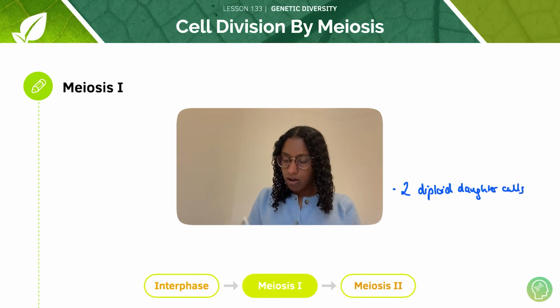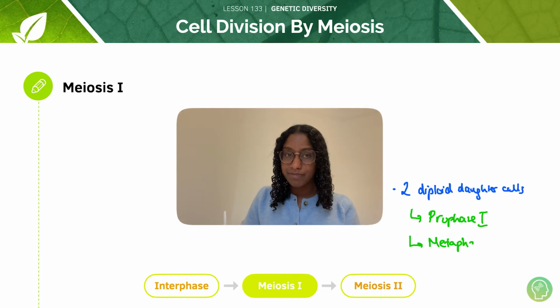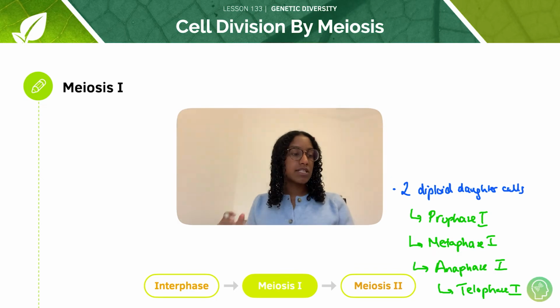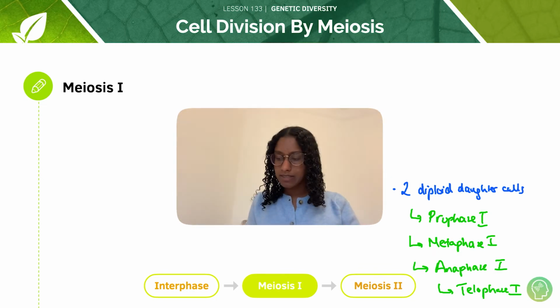And remember, our components of meiosis I are prophase I, metaphase I, anaphase I, and the last one is telophase I. And meiosis I, remember, pulls those homologous chromosomes apart.